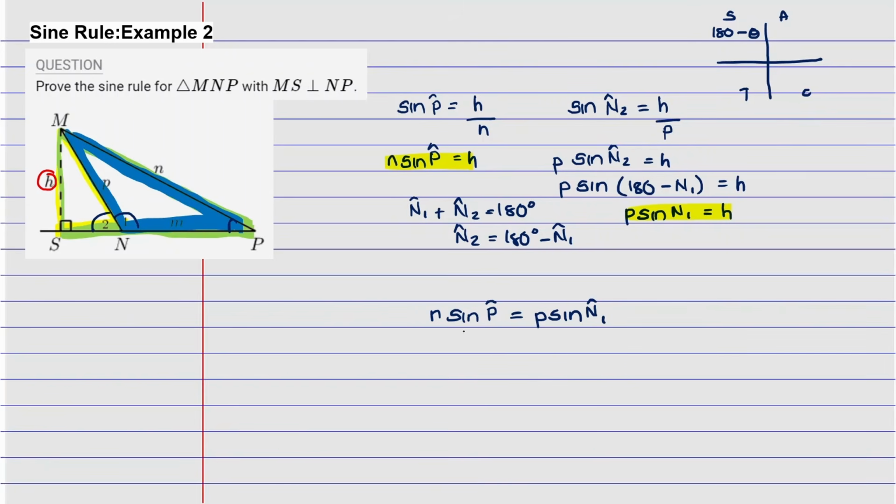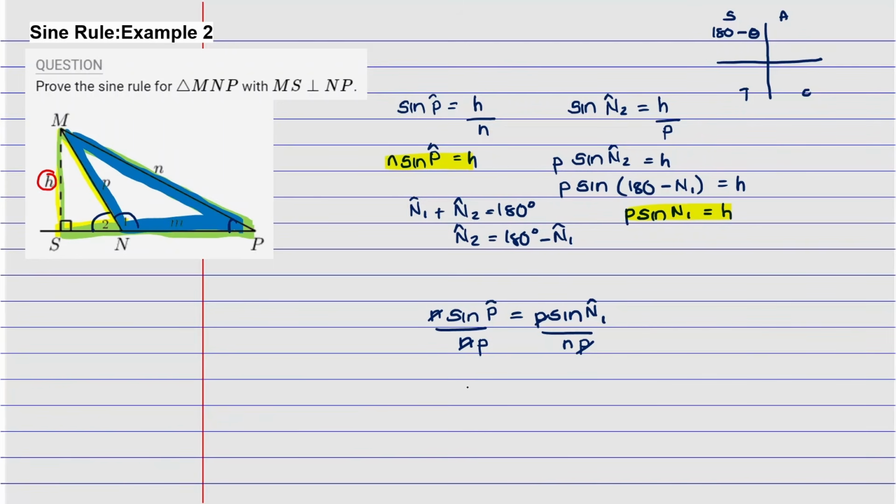Then now we're going to get rid of the alphabets that are in front of it. Since this side is multiplied by N, the side is going to be divided by that. So here's going to be N, and this side is going to be P. Those N's are going to cancel out, and those P's are going to cancel out.